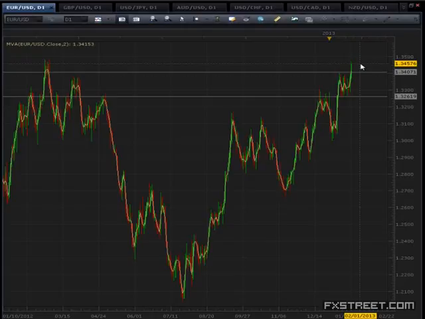So we do have an important resistance level ahead of us when it comes to the euro-dollar exchange rate to pay attention to throughout next week. And we'll see whether next week is going to provide the much-needed catalyst for the euro to break higher above the 2012 high and then, obviously, as I said earlier, gain further.